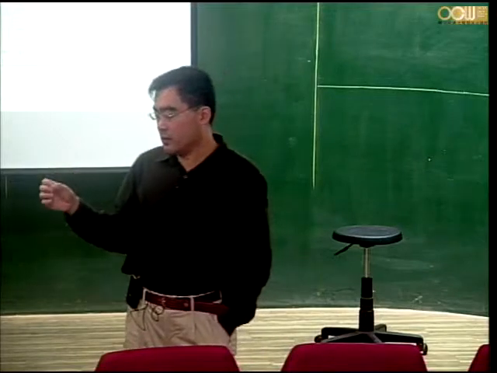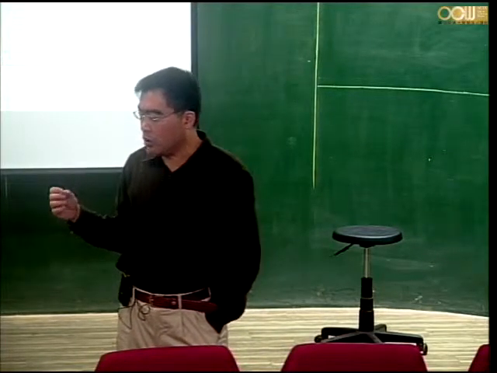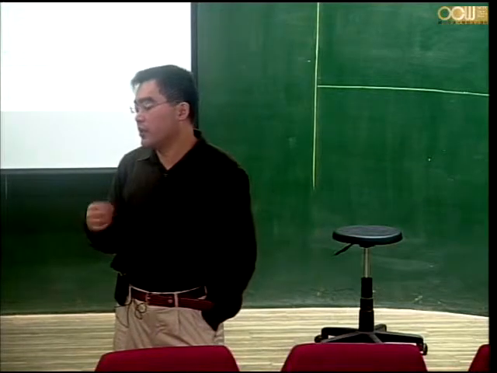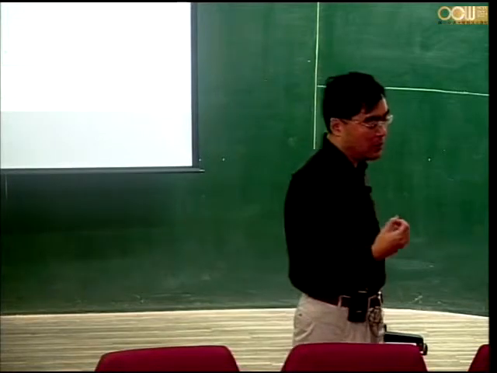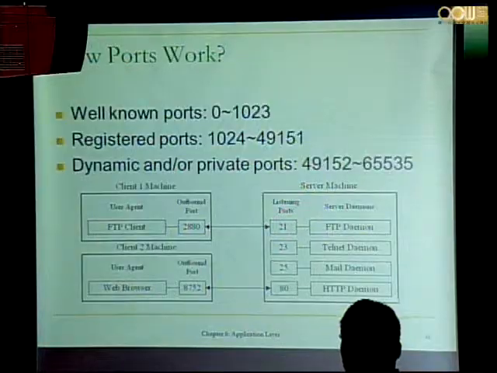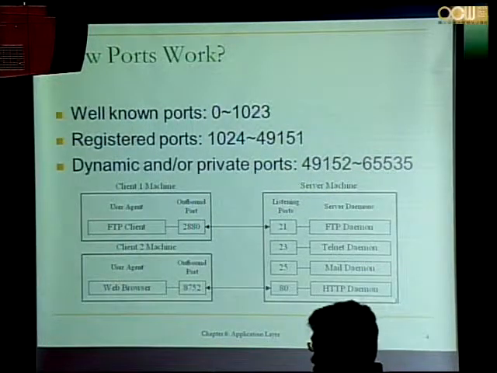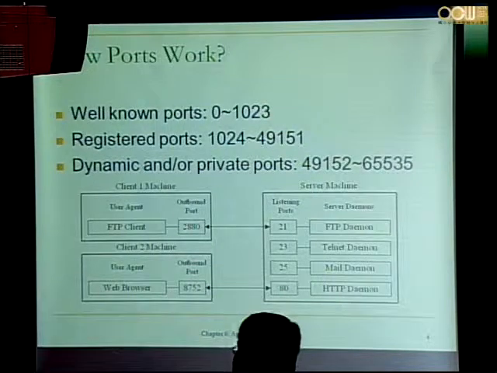But if there is a request coming in, then the select system call will return. That means the blocking condition has been removed. Then inetd will call the specific server program to serve the client.